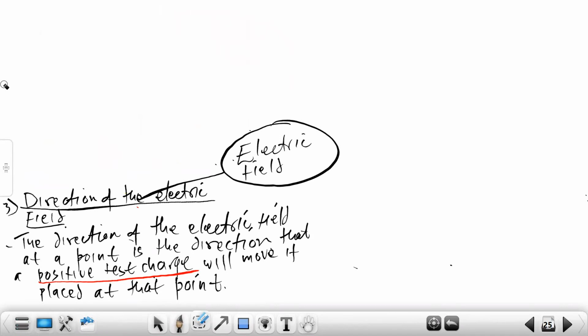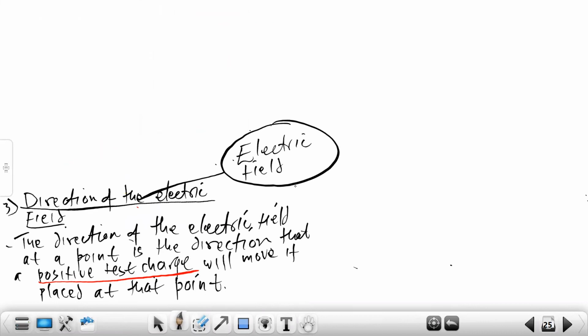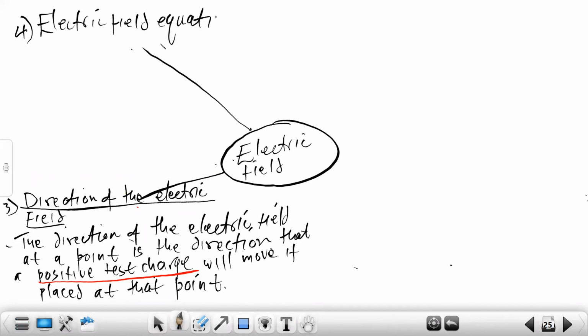We don't need that. Then I can further add number 4. What is number 4? Number 4 is electric field equations. With electric field equations, we have E equals KQ over R squared.